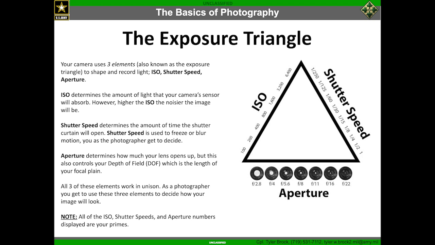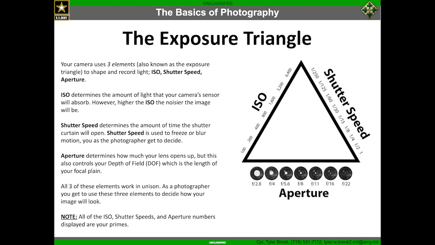Your shutter speed, basically in your camera you have a curtain, and that curtain is your shutter. And so the curtain opens and closes, and this is the time that your shutter speed can open and close. So you have very fast and very slow, and so in that amount of time you're going to record light or motion or whatever.